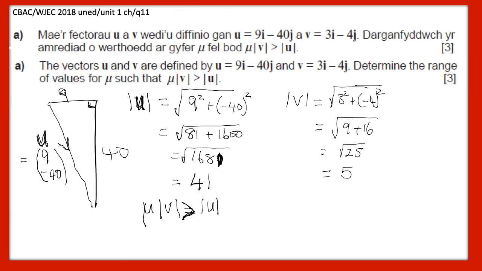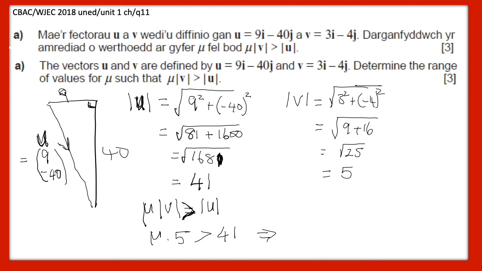Now this is where the bit I've said, these are positive lengths, so therefore mu times 5 has got to be greater than 41, and because it's positive I can divide both sides without worrying about any effect on my inequality, my greater than symbol.